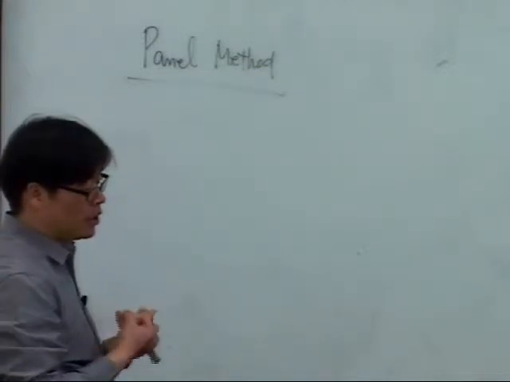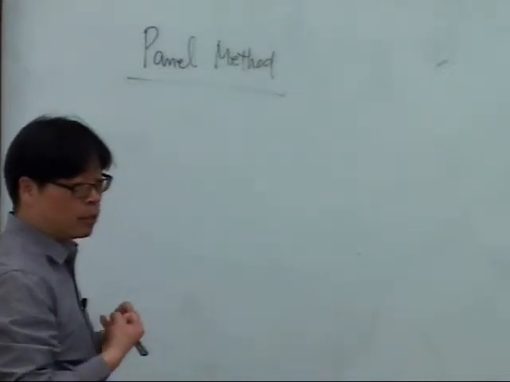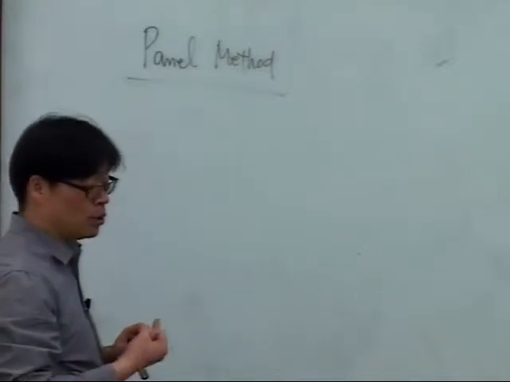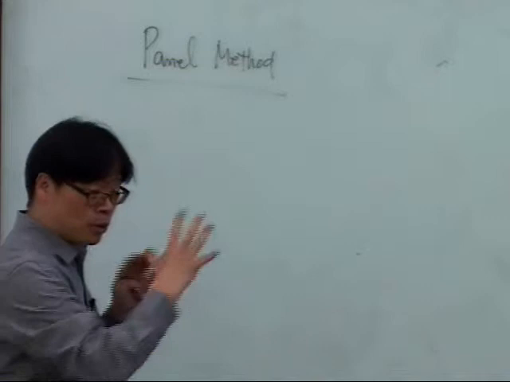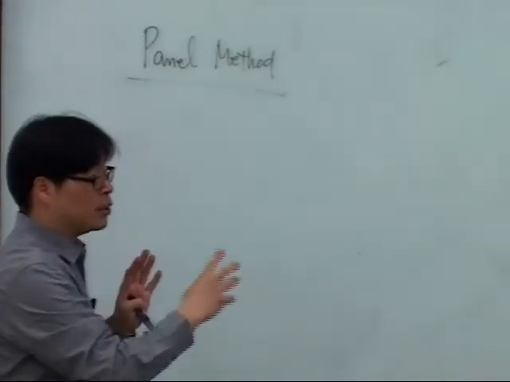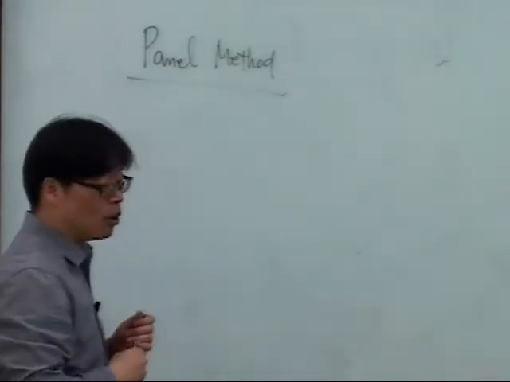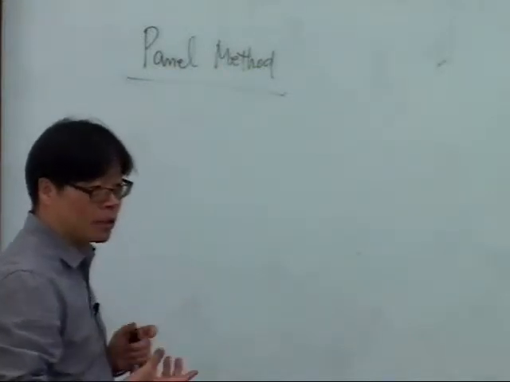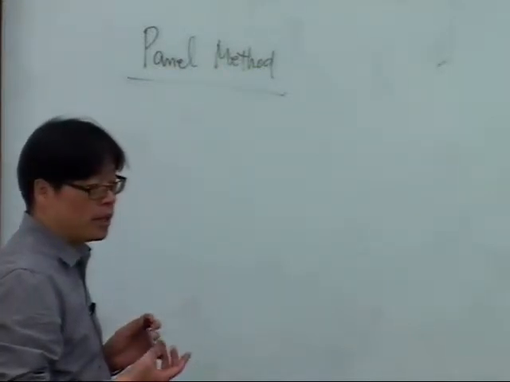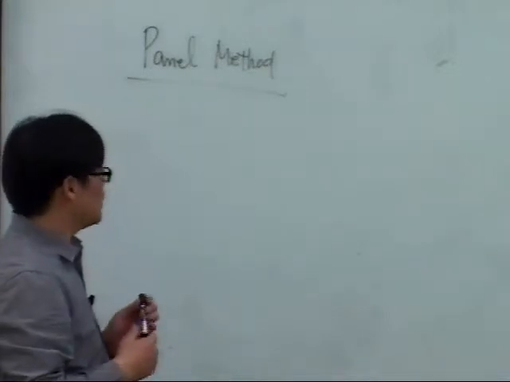If the geometry is a little bit complicated, then one thing that you can do is use multipole expansion. So we wrote the general solution, right? And then you determine all the coefficients of the multipoles by imposing body boundary conditions. Okay, and that's the second way.